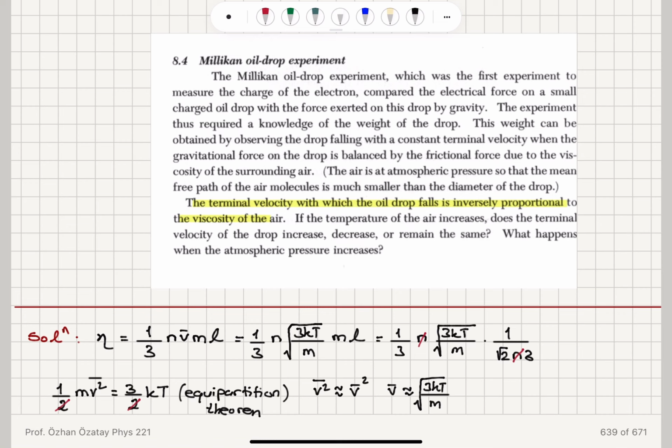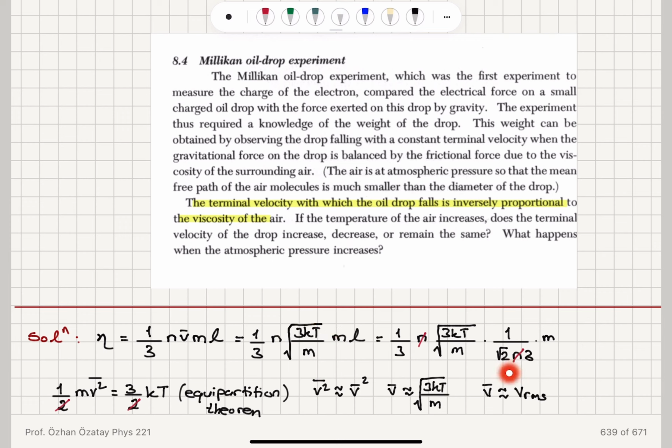Therefore V square bar, which is approximated to be V bar square, is saying that we are assuming V bar is approximately the same thing as V RMS. With this approximation, we obtain square root 3 kT over m for V bar. I have also here an m, which I had forgotten.